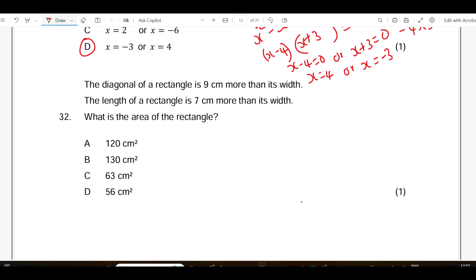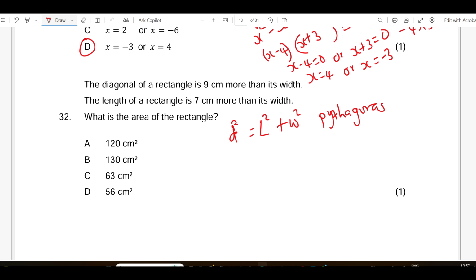The diagonal is going to be d squared equals to length squared plus width squared. This is what we're going to use. Pythagoras. We're going to use Pythagoras.